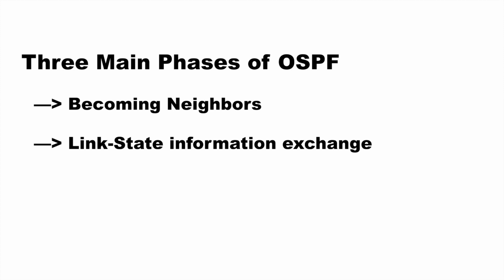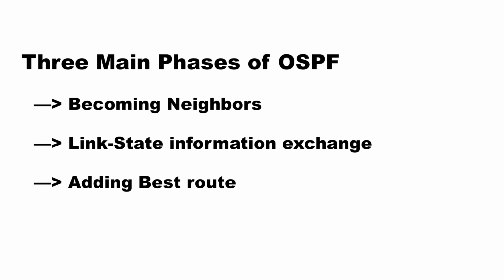Once this process is complete, the third and final phase that OSPF moves into is adding the best route in its routing table. This is the process of each router independently running the algorithm, called SPF, that we'll look into, and then they add the best route to their routing table.